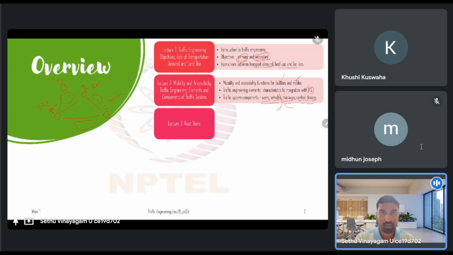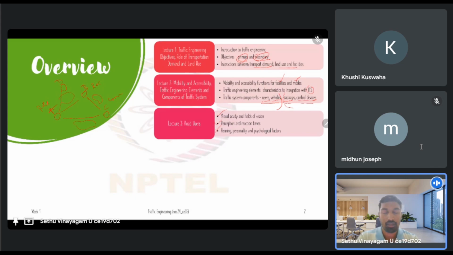In the further lectures, we were looking at each of these individual traffic system components. Lecture 3 was particularly dedicated to road users, right? So what did we see? What are the different characteristics of the road users that need to be taken into account when you are designing a traffic system? These include the visual characteristics, the perception and reaction times, the hearing characteristics, personality, and psychological factors, right? Why are we interested in this?